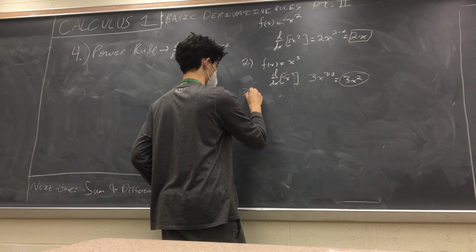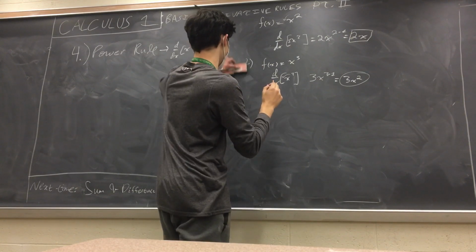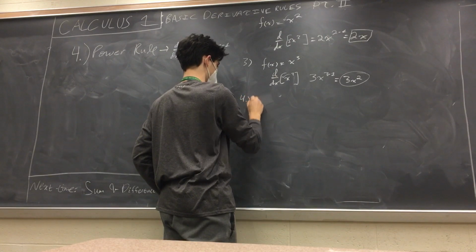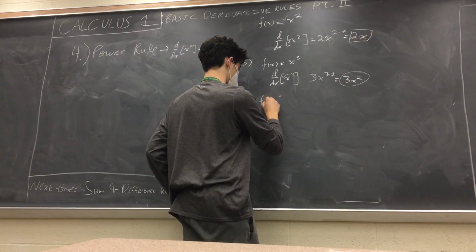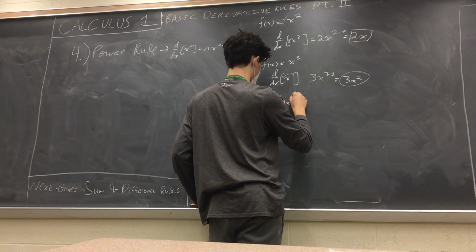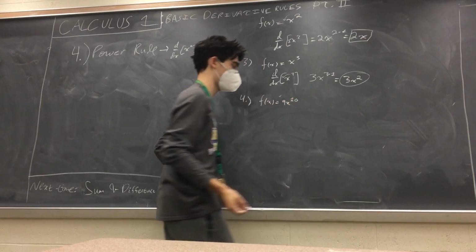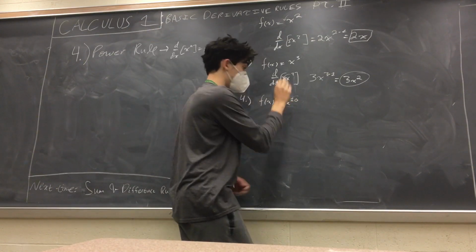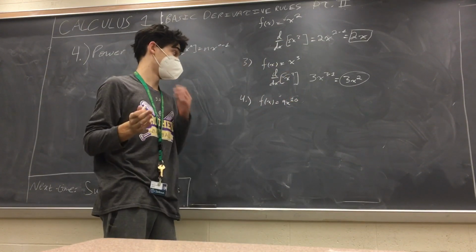So now that one was example 3. So this one's example 4. Say f of x is equal to 9x to the 10th. This here, x to the 10th, would not be fun to expand.